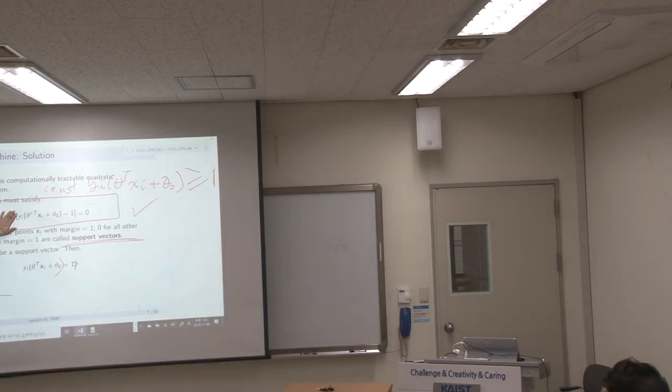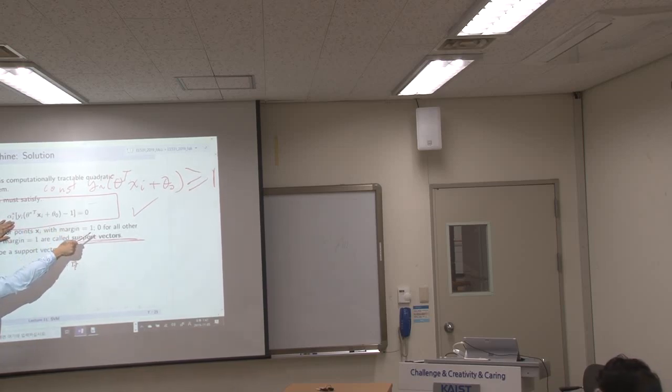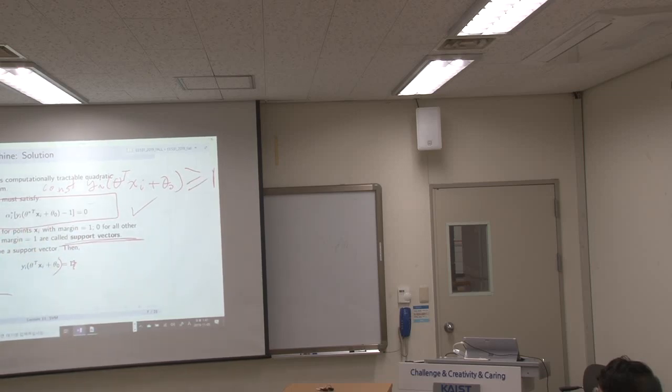I have to satisfy this condition also. Why is this condition satisfied? If xi is a support vector, what is this value? 0, and alpha can be something. If this value is greater than 0, non-support vector, then this value is what? Positive. And alpha has to be what? 0. So this has to be satisfied always. That one, that one.